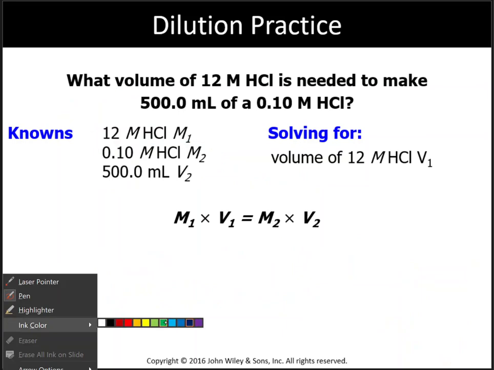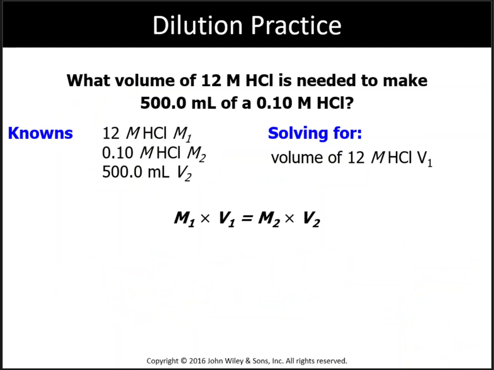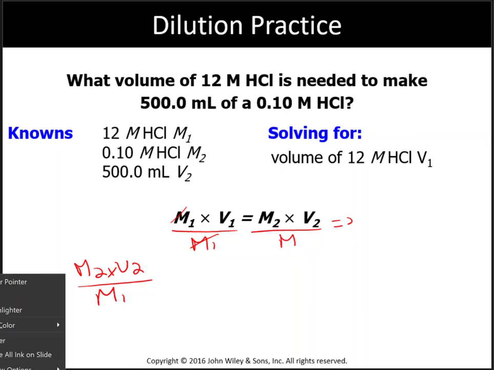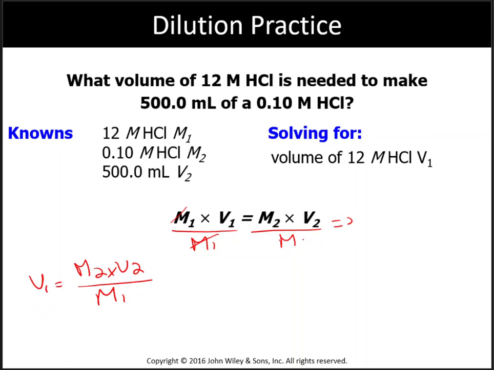I also want to show you how you can isolate V1, if you prefer to isolate V1 first and then plug in the numbers. So to isolate V1, you're going to have to divide both sides by M2. And from here, V1 is going to be M2 times V2 divided by M1. Now V1 is still going to give you the same answer.